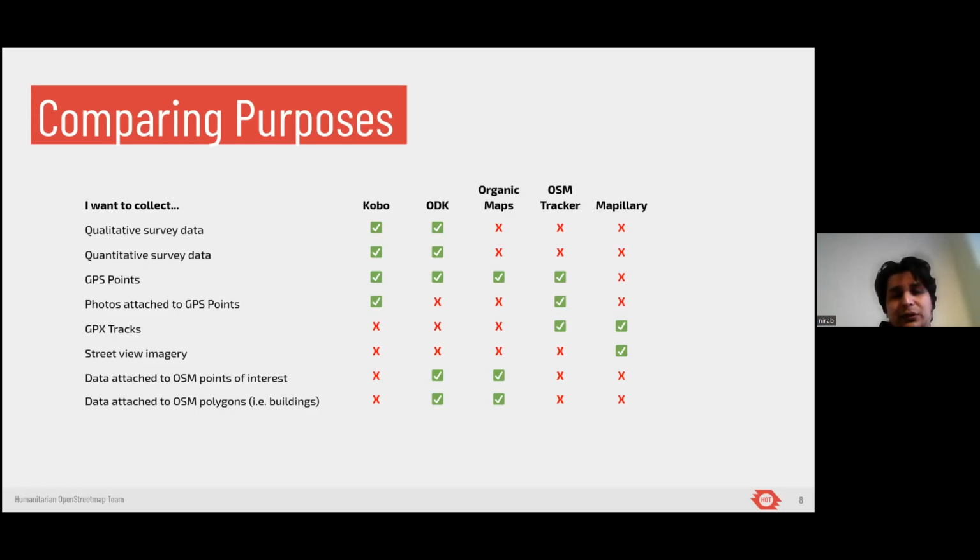With ODK, you can do a lot of things, but you can't do street view imagery or GPS tracks. And with Mapillary, you can do street view imagery, but then you can't do all of these things that ODK can do. So think about what kind of data you want to collect, and based on that, make the choice for the right tool that you need.